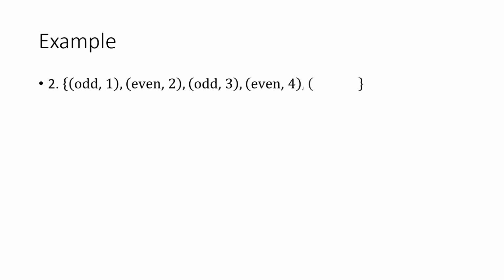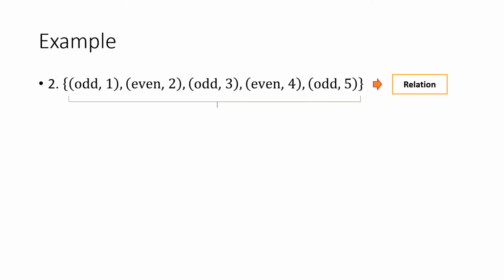We have another example of a relation. Take note, we have another set of ordered pairs: odd is paired with 1, even is paired with 2, odd is paired with 3, even is paired with 4, odd is paired with 5.